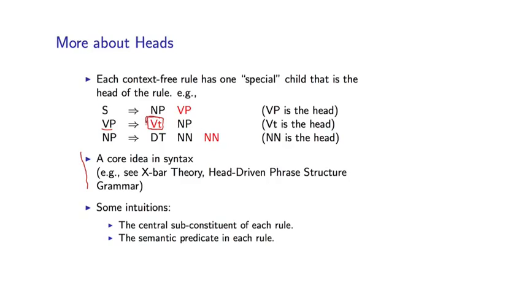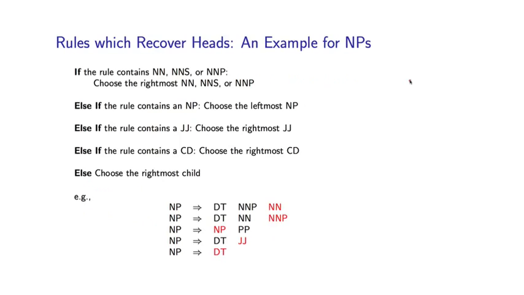And this verb is in some sense the semantic center of that rule. It's the most important part of the rule. Similarly, for an S, you can argue that the VP is sort of the semantic center of that rule, as the predicate in the rule. And also for these noun phrases, the rightmost noun is again the most important part of the rule.